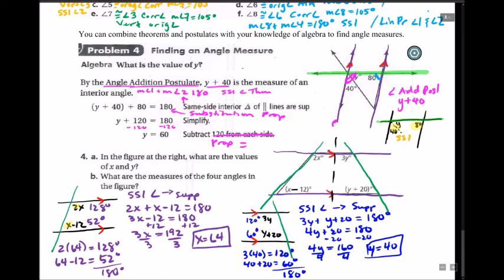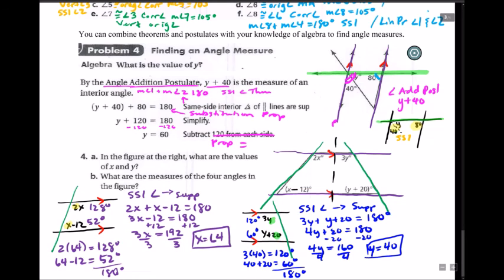All right, and then I went and did the other side. I did my two parallel lines and my right transversal and labeled my angles. And again, I noticed that I have same side interior angles. And I know they are supplementary. Did the same work. Got y equals 40, substituted back in for y, and got 120 degrees and 60 degrees for my two angles.